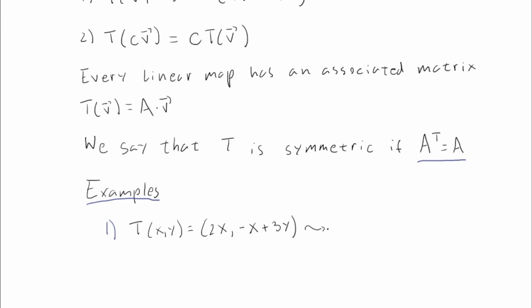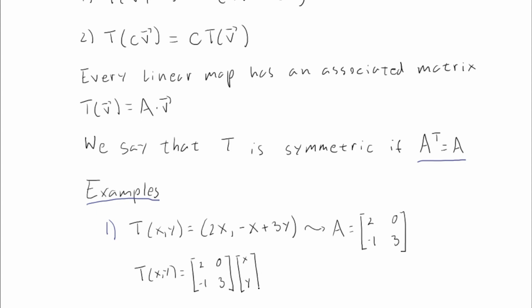It's easy to compute the associated matrix. A in this case is equal to [2, negative 1; 0, 3]. And this means that if you want to compute T of (x, y), this is the same as multiplying this matrix by the vector (x, y).